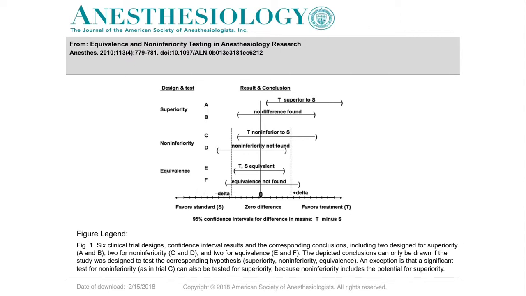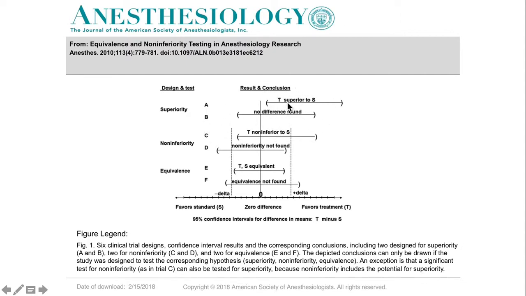It's a common precision measure reported in the literature, where you might have a mean and the 95% confidence interval, meaning 95% of the time the result is going to fall within that range. The first one shows superiority: if the 95% confidence interval crosses the zero line, then there's usually no difference between the groups. Whereas with non-inferiority, you see how it's crossing over zero, so we don't want to actually see that difference.